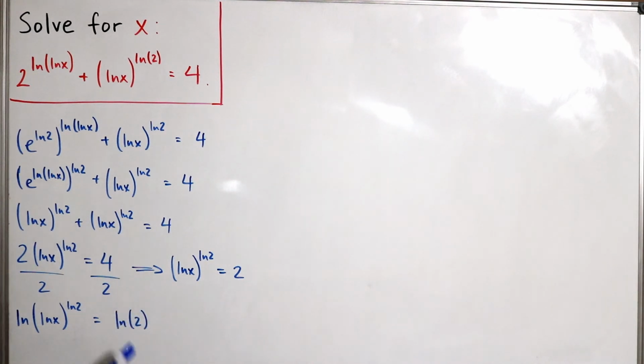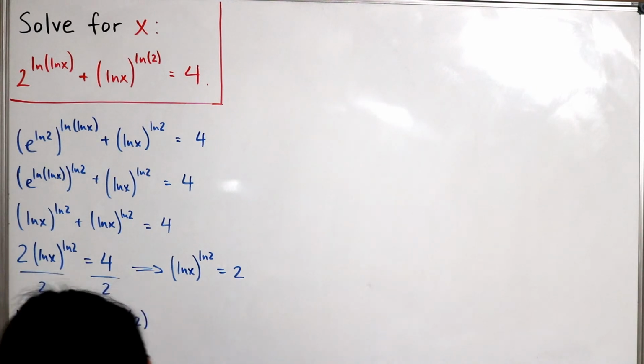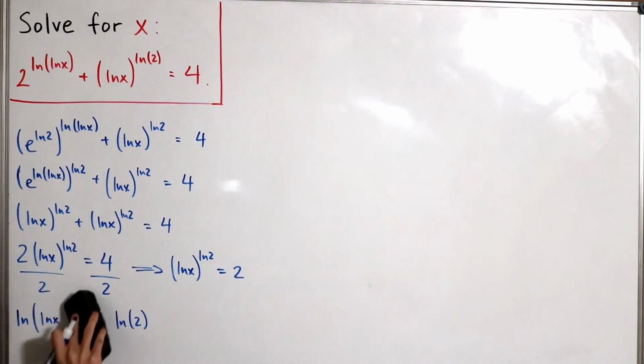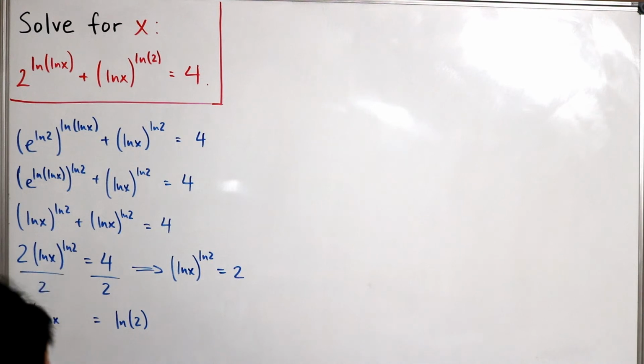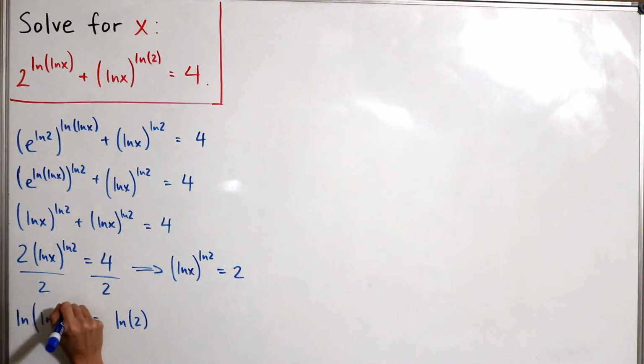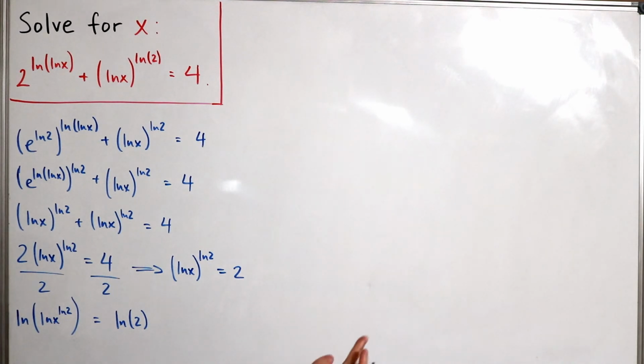But with natural logs, actually the way I wrote this, the ln of 2 should be inside the expression, not outside of the parentheses. So ln of x to the power ln of 2, and then we can close the parentheses off. Now, by using your logarithmic properties, you can move the exponent outside in front of the natural log.